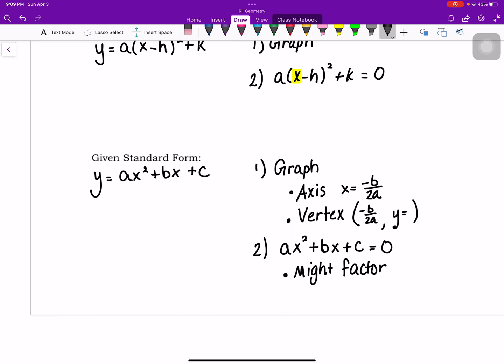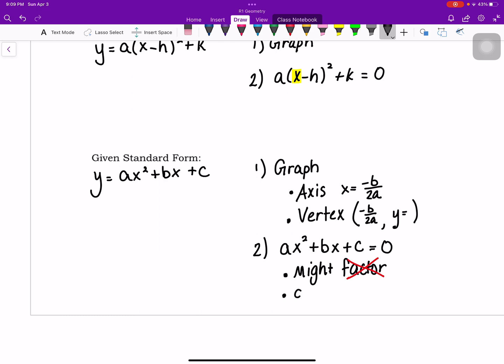That's one thing, but they don't always factor. Sometimes they factor, sometimes they don't, and we've got to know when they do and when they don't. If our factoring doesn't work, let's say if no factor, then we go to the next one.